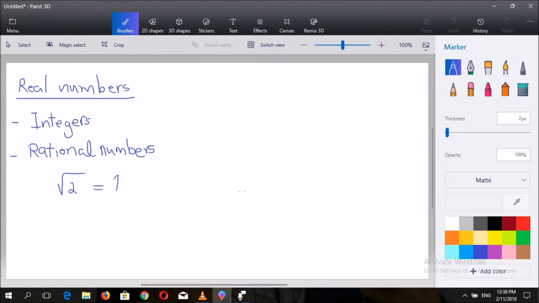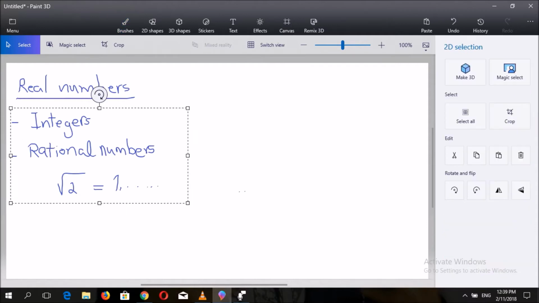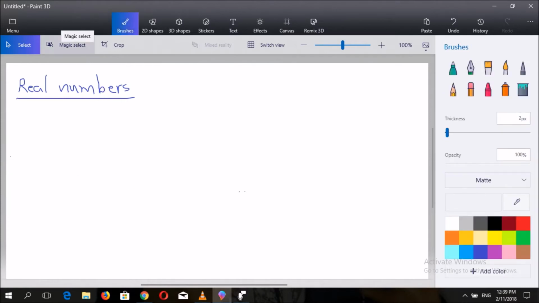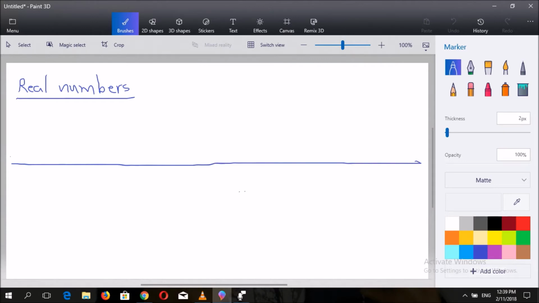If you would like to calculate the square root of 2, it will give you a rational number, a number that has decimal points in it, 1 point something. So the square root is also considered to be a member of the set of real numbers. Any number is considered to be a real number.